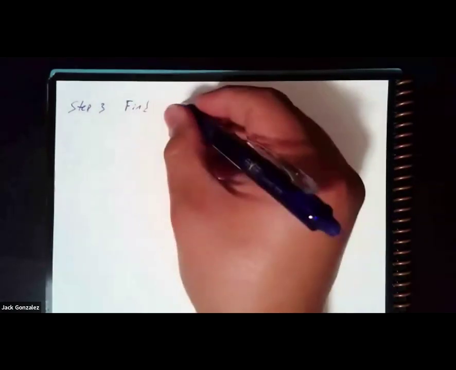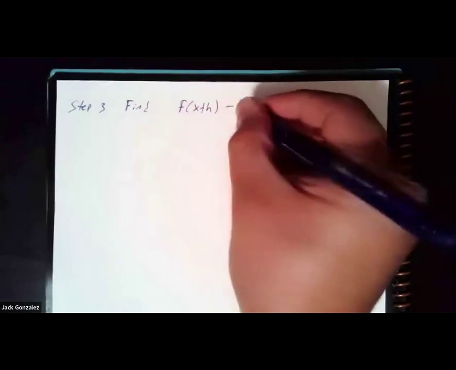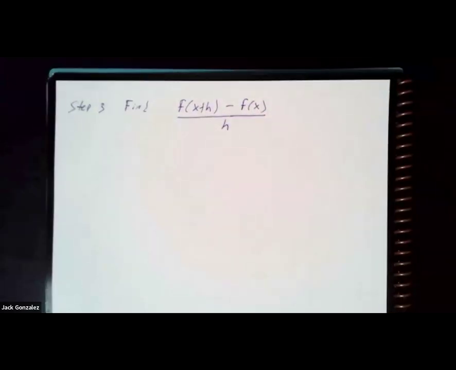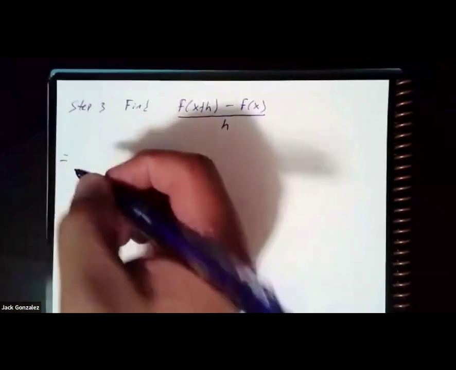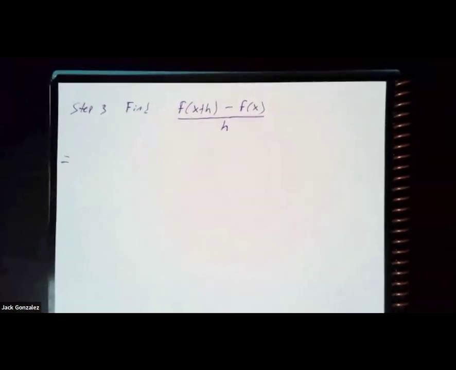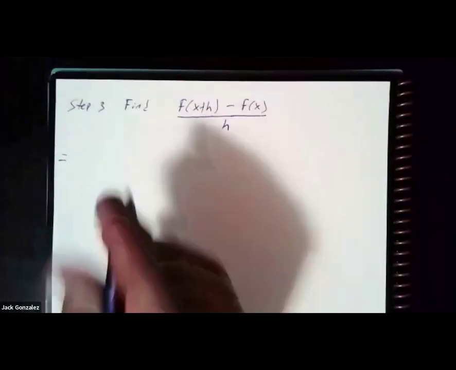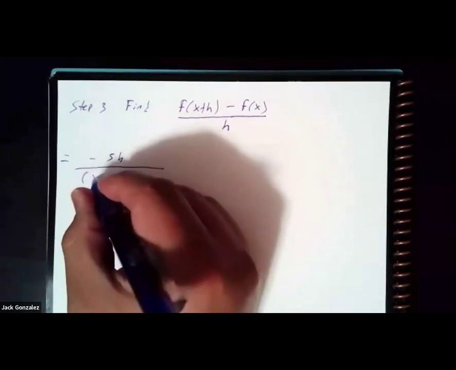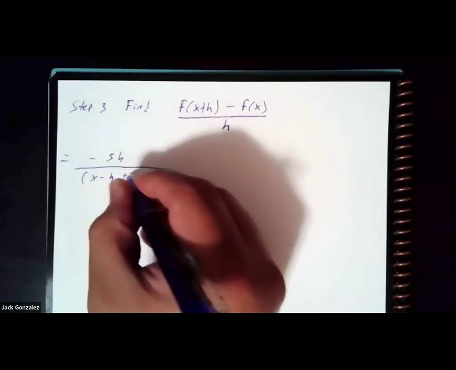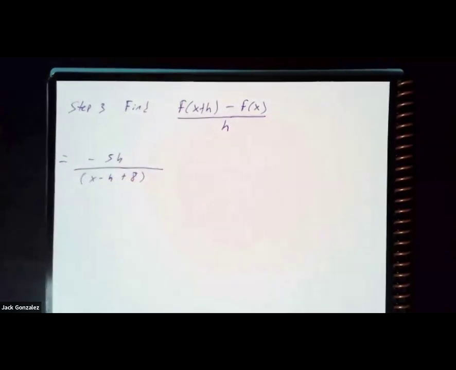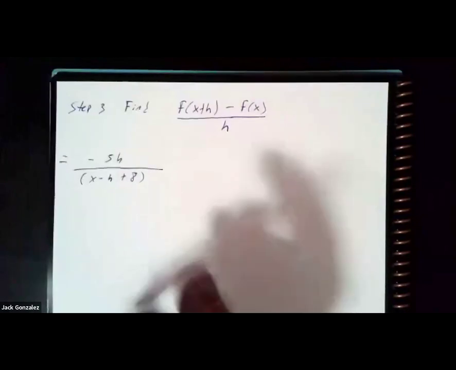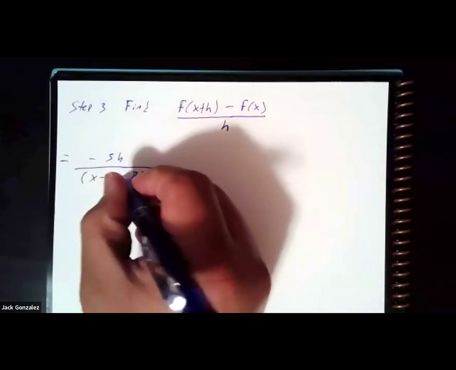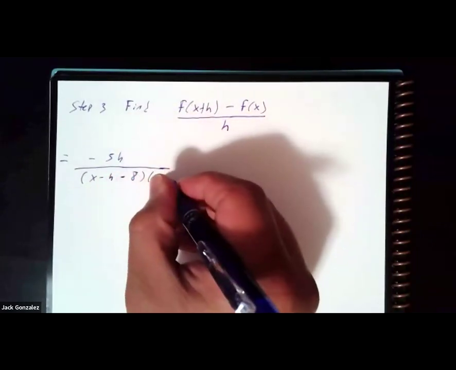All right, now you have to divide by h. Basically we take our result, which was negative 5h over x plus h minus 8, times x minus 8.